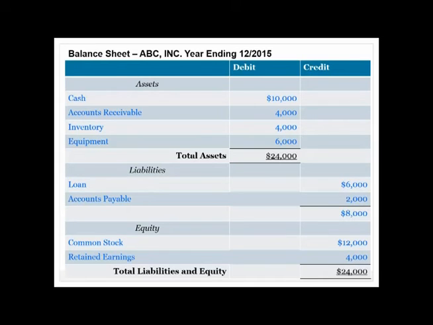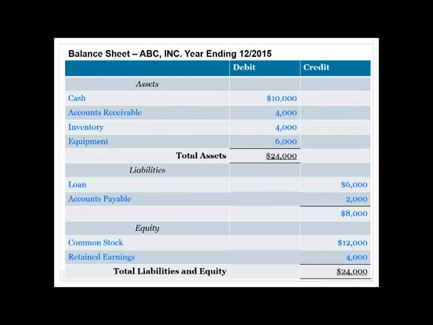What we've got next is the balance sheet. And the balance sheet consists of your assets, your liabilities, and your equity. Assets can be current or fixed or long-term. So current assets are assets which we can expect to be turned around within a year's time. So current assets are fairly liquid.